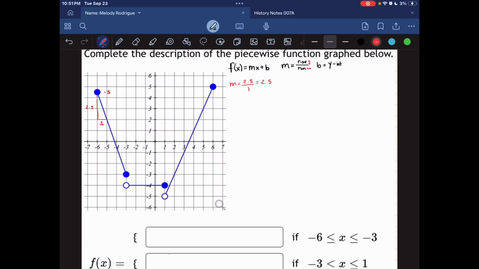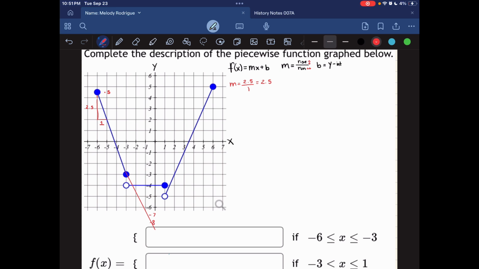And then for the b, we have to find where the line is going to intersect the y-axis. So this is the y-axis and this is the x-axis. So it has to intersect. As we can see, if we made an imaginary line until it goes all the way to the graph, we can see that it might not hit -7, but we can conclude that it's going to hit -8.